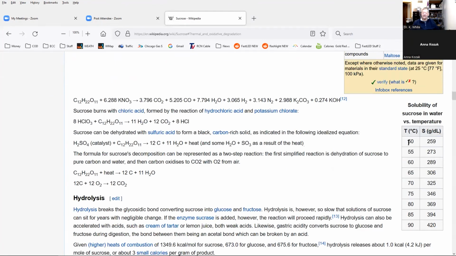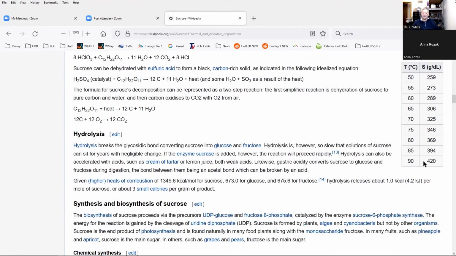Here it is. Now they have dL. Why they do deciliter? That means 100 milliliters. And you can put in at 50 degrees C, 259 grams of sugar. That's a lot. And sugar is very soluble.